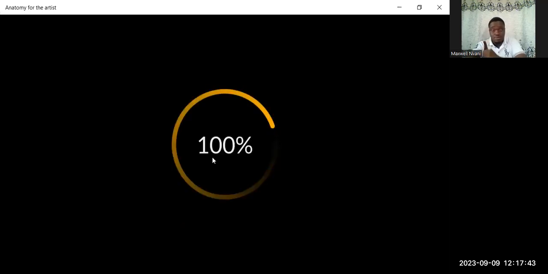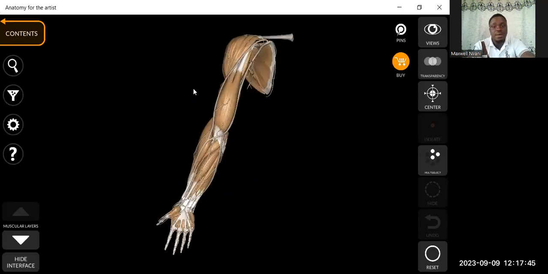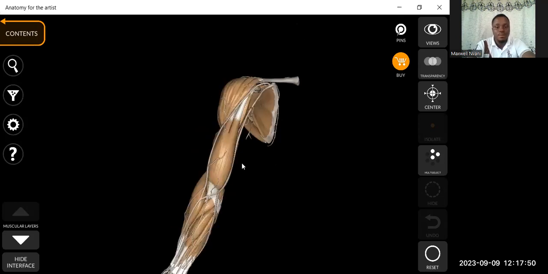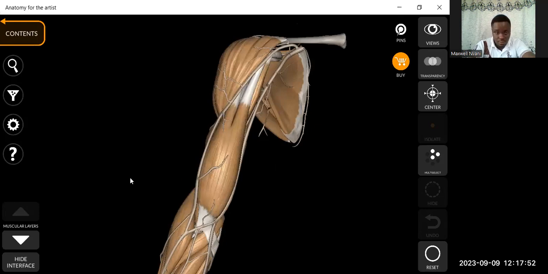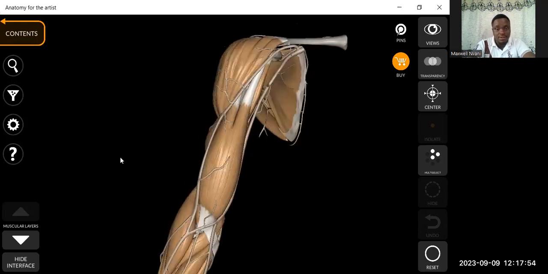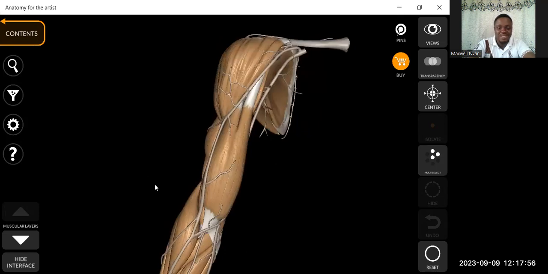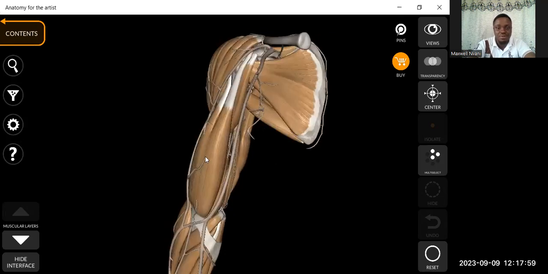So we're going to talk about attachments now. I'm going to go to muscles right here. It looks complicated, right? But not that much.